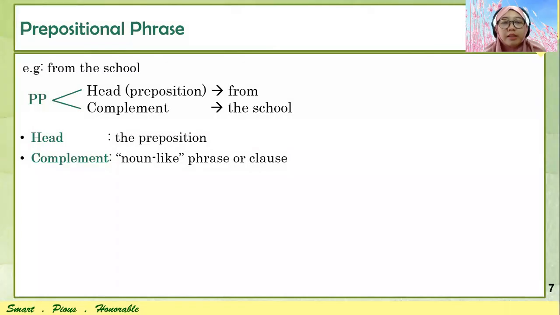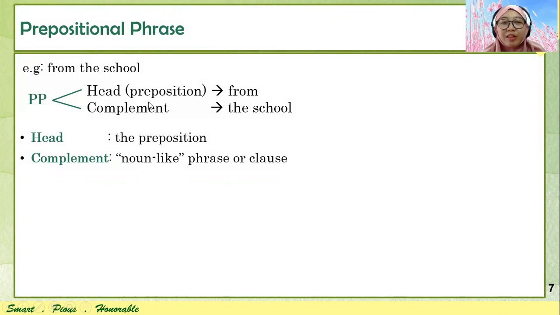And then this is the last one, prepositional phrase. For example, from the school. Prepositional phrase can contain 2 parts. The first one is the head, which is always in form of a preposition, and then a complement. Okay, so for this phrase, prepositional phrase, it must contain 2 parts.